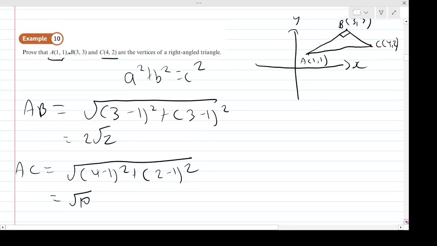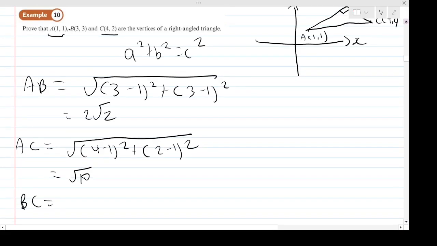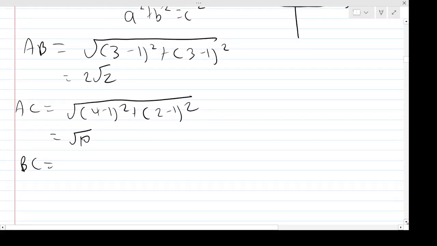And then the last side is BC. This is also why it's helpful to draw a little diagram of the points and the shape, because you know exactly what to work with. You know what sides we have, and so it helps you to visualize how to compute the sides.